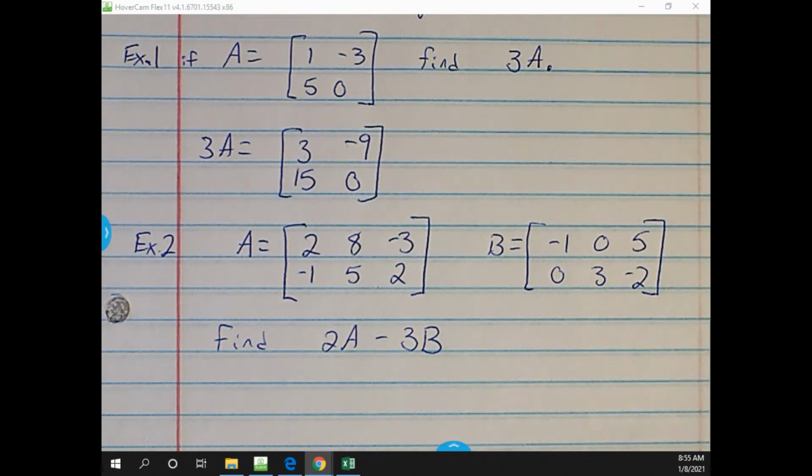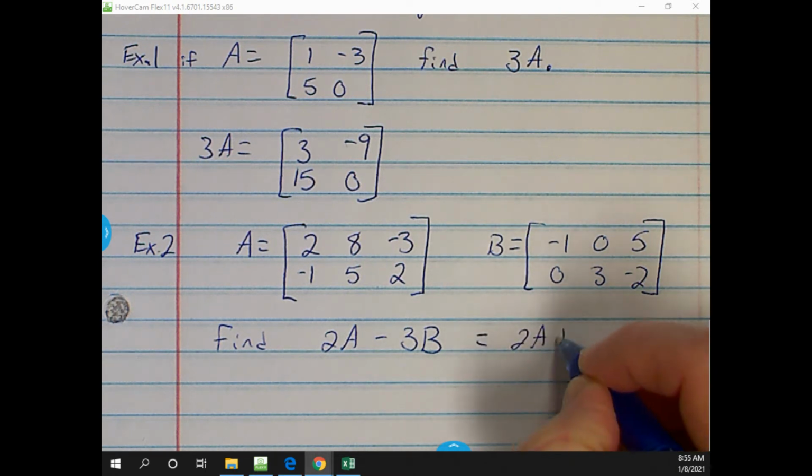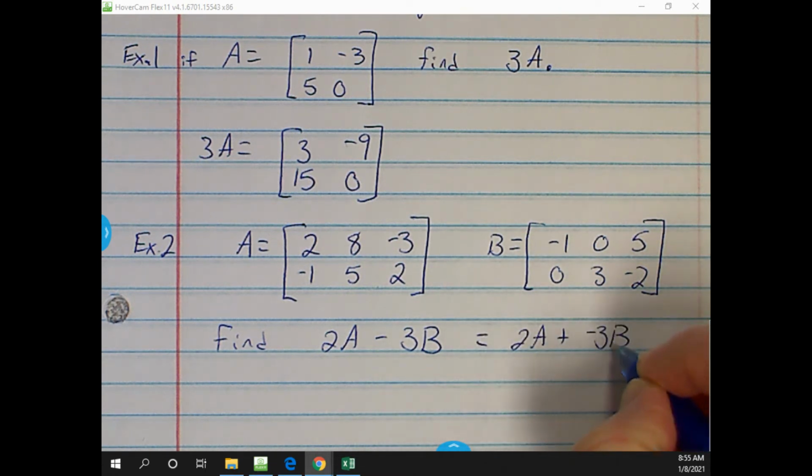Now if it was addition, it would be really straightforward, nothing to worry about in that part. For what we're doing today, if it's 2A minus 3B, you can look at it like this, but you can also think of it as 2A plus -3B.